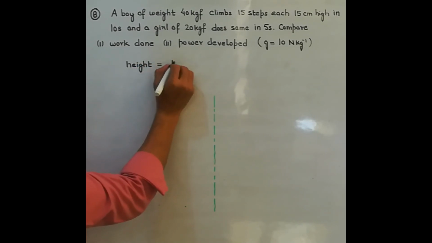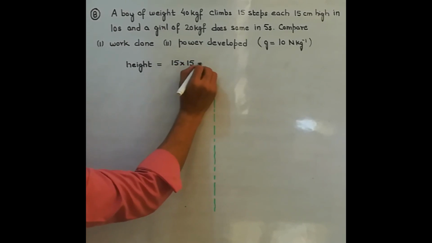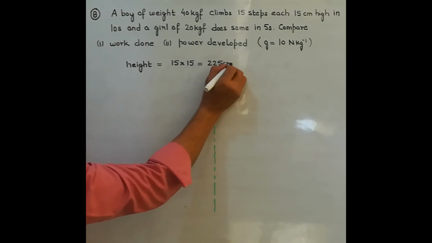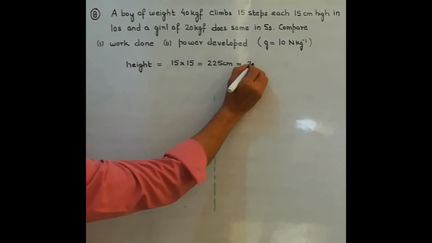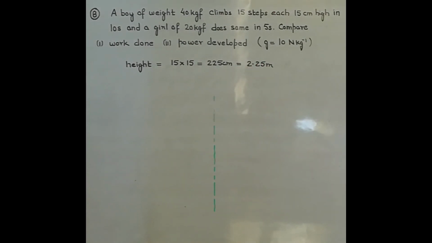He is climbing 15 steps and each step is 15 centimeter high, that is 225 centimeter, that is 2.25 meter. First of all, we have calculated the height through which the boy will raise his body.